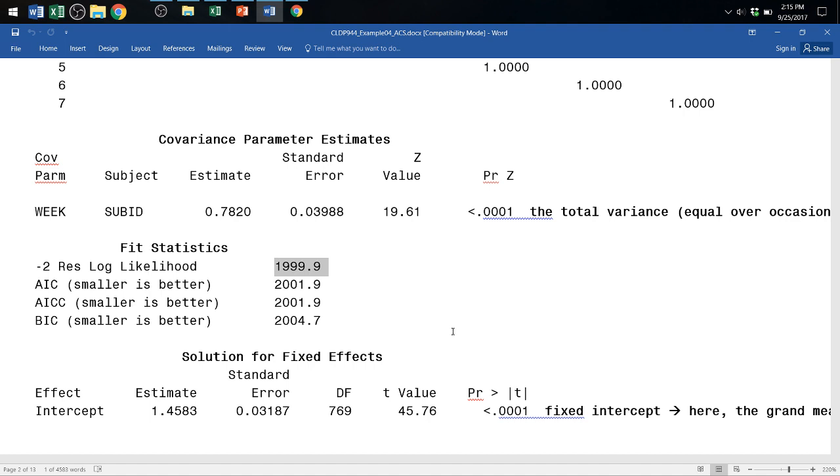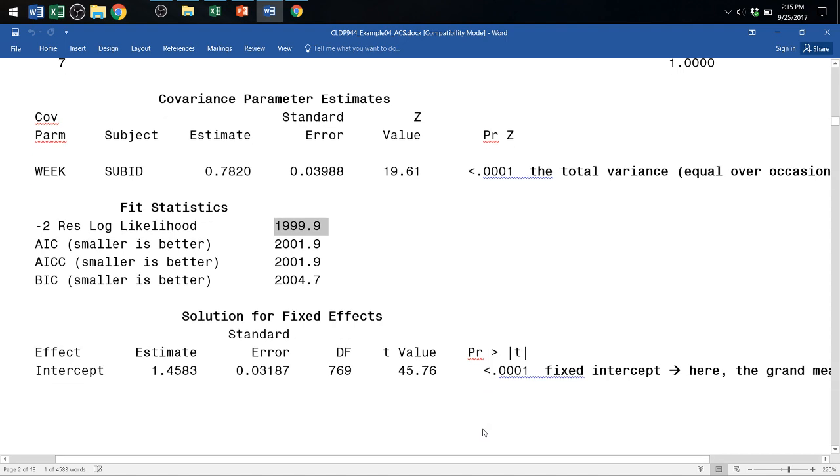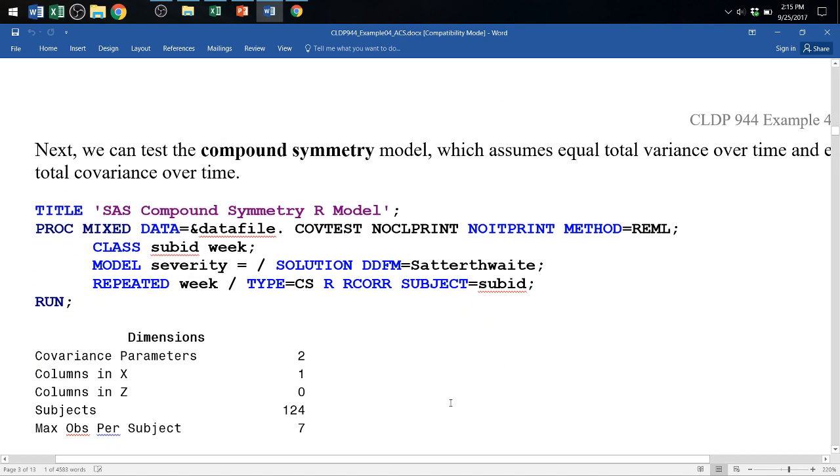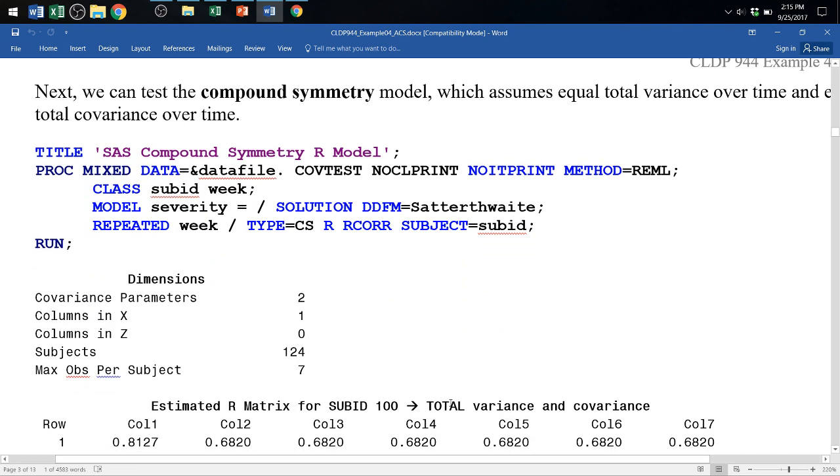Highest. Smaller is better. This is confusing, and this is a question on your homework. Log likelihood and -2 log likelihood are inversely related because of the minus sign. Likelihood, higher is better. -2, smaller is better. So that one is unrealistic.